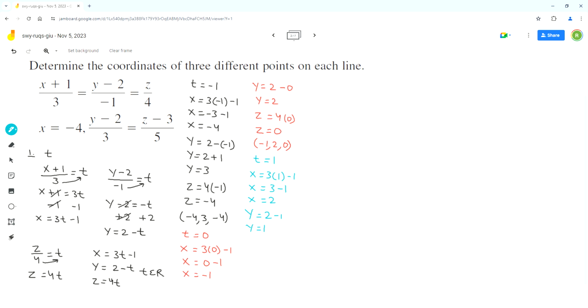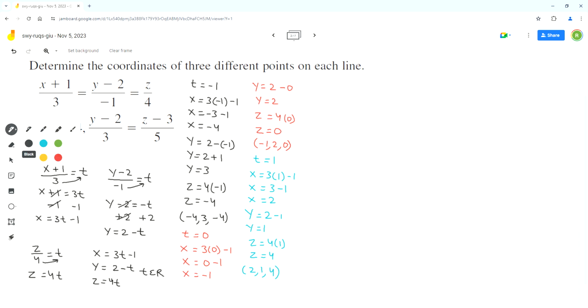I get y equals 1. Now we can sub in t as 1 in the z equation. I get z equals 4. So the third point on this line is 2, 1, 4. So these are the 3 points that lie on the first line.